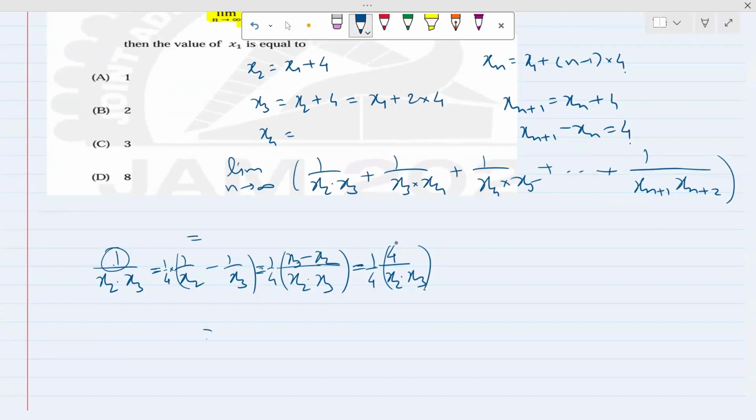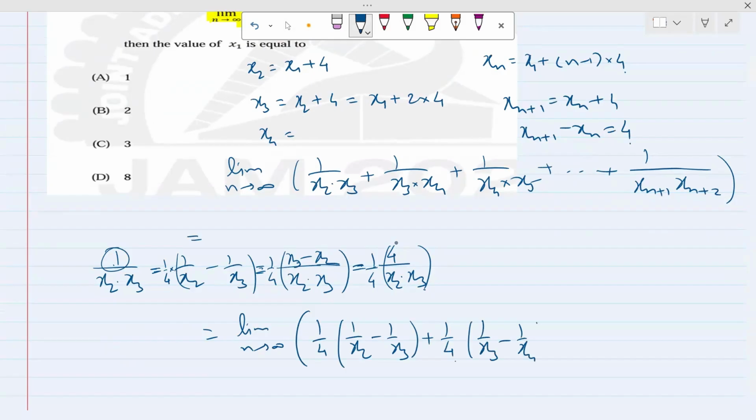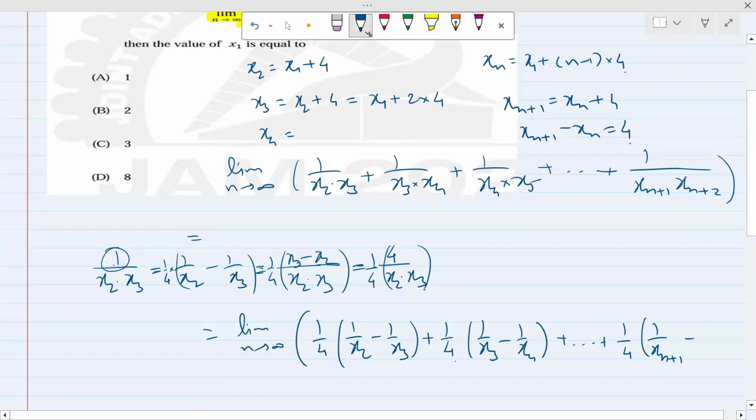So what will it give me? Limit n tends to infinity. The first term will be 1 by 4 into (1 by x2 minus 1 by x3). The next term will be 1 by 4 into (1 by x3 minus 1 by x4), plus and so on. The last term will be 1 by 4 into (1 by x_{n+1} minus 1 by x_{n+2}).